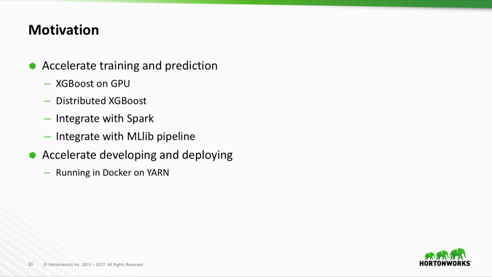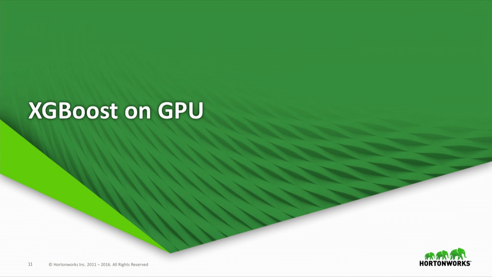And if we want to run XGBoost on Spark on GPU, there are a lot of dependencies to deploy the work and a lot of libraries to install before you run your workload. So Hadoop YARN provides a good solution for us. We can use Docker to run our job.